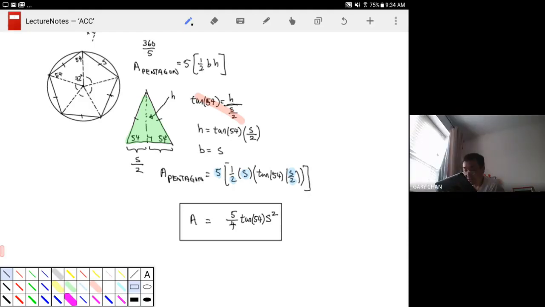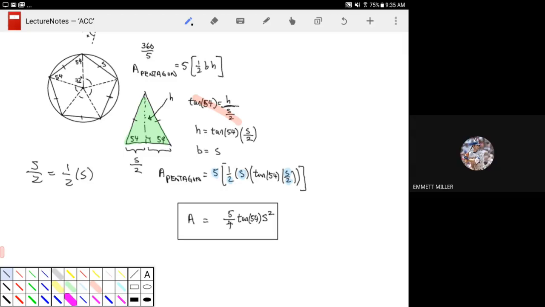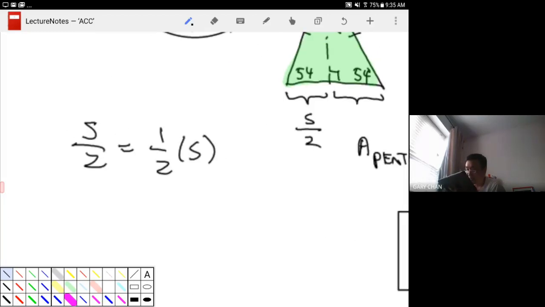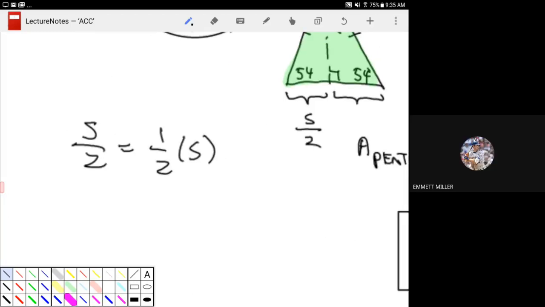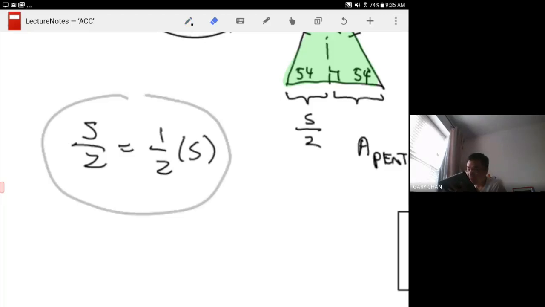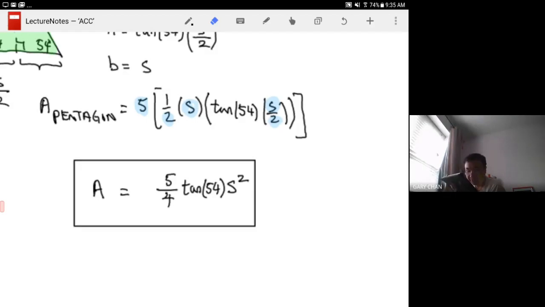So is S over 2 the same thing as 1/2 times S? Yeah. It is, right? So because of this, that's what's allowing me to combine the 1/2 and that 2 there to get 1/4.